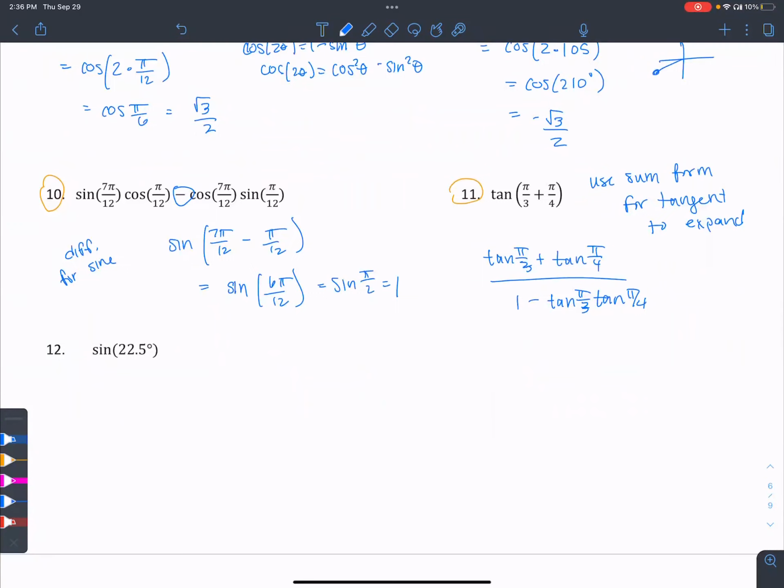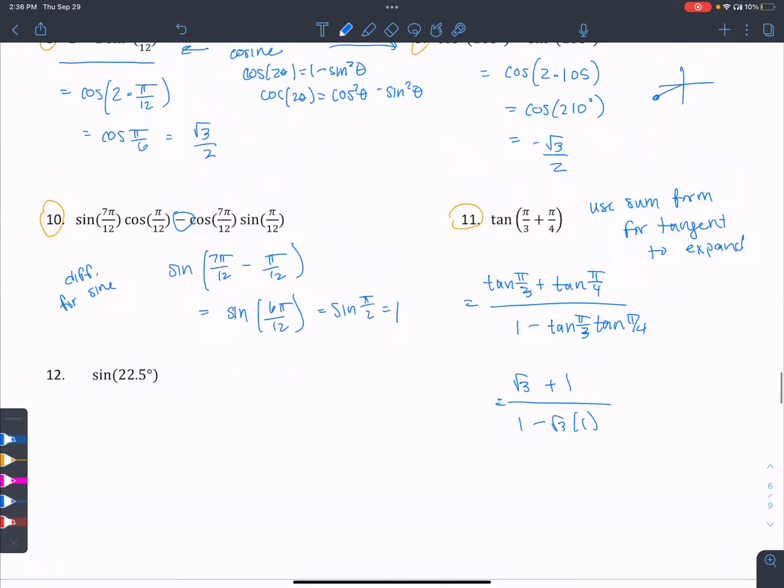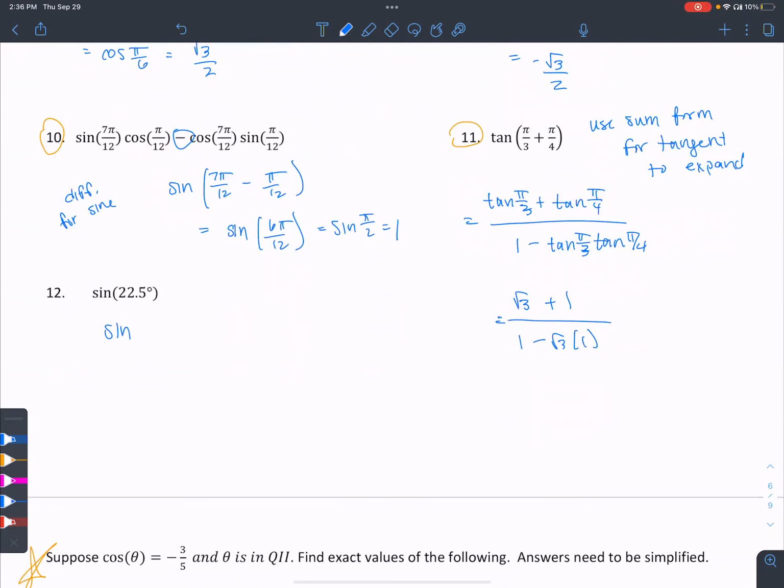The tangent of pi over 3 using my left-hand rule is root 3. Pi over 4 is 1, and then 1 minus root 3 times 1. This is another half angle here, the sine of 45 over 2.